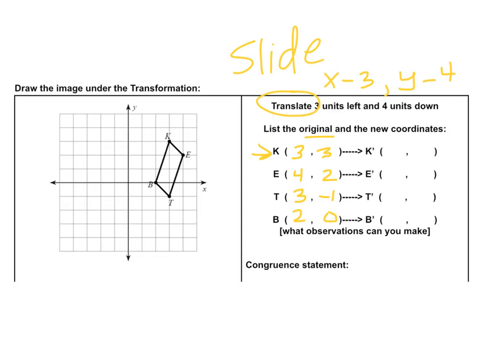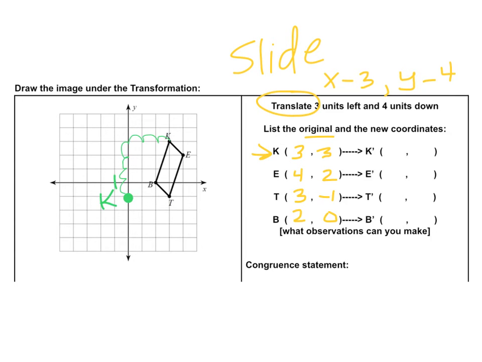Okay, now let's translate or slide this parallelogram. We're going to go 3 to the left and 4 down. So 3 to the left and 4 down. And that puts us right here. And then mark it K prime.